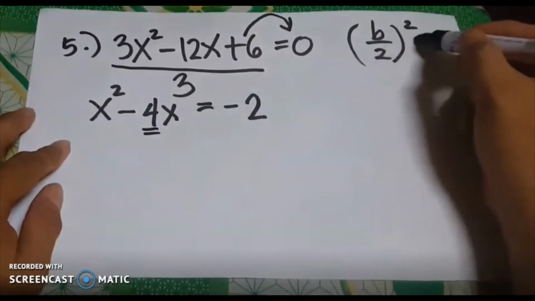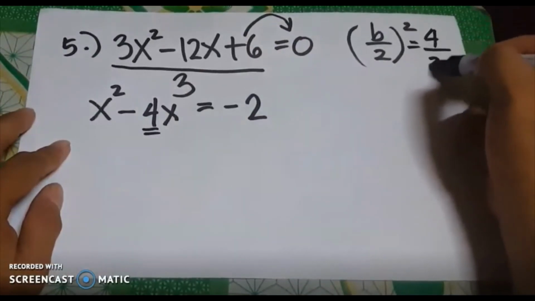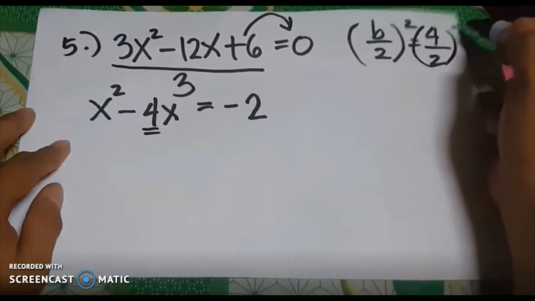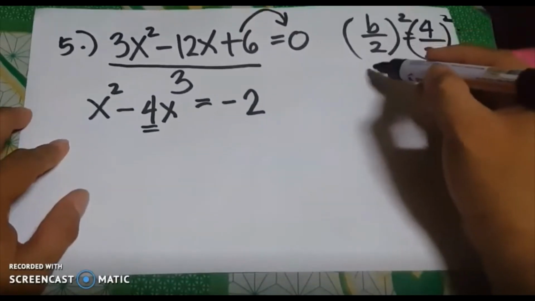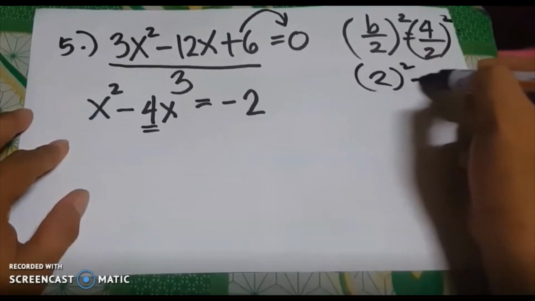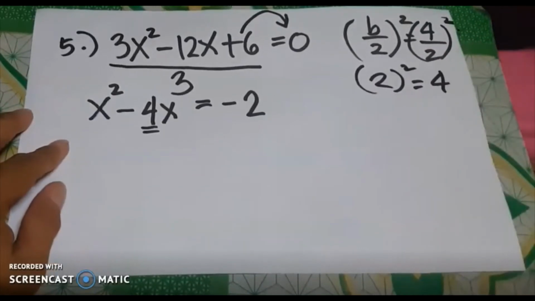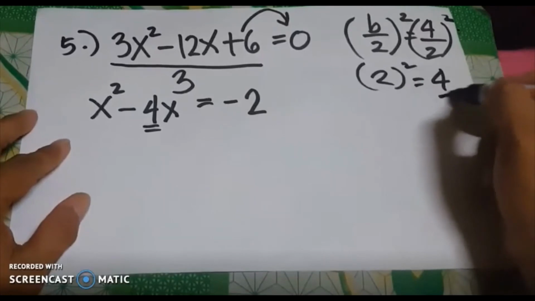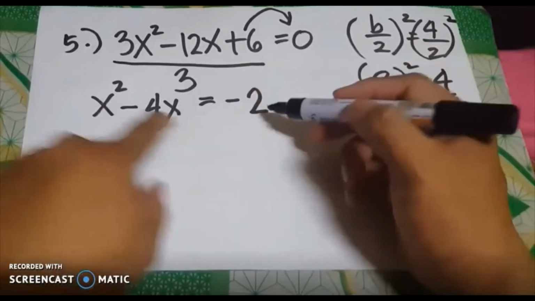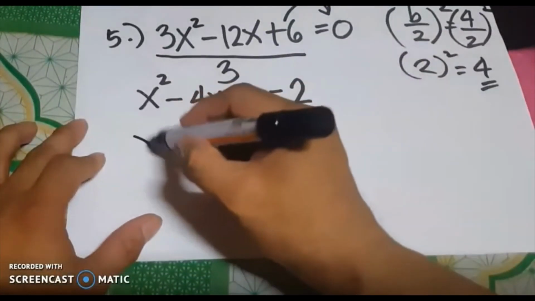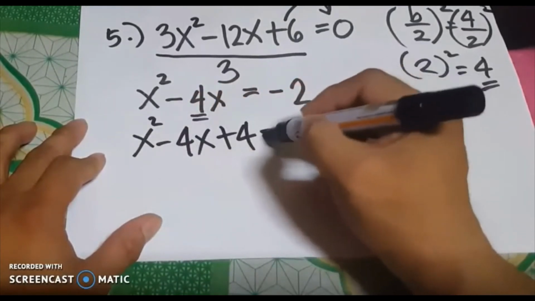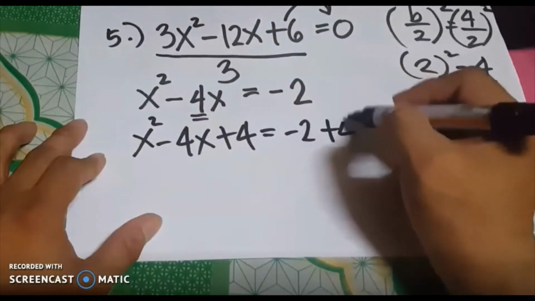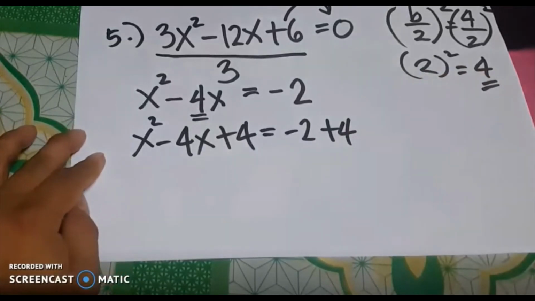So substitute it here, magiging 4 divided by 2 quantity squared. Then 4 divided by 2 is 2 quantity squared, which is equal to 4. So that 4 is to be added on both sides of the equation. So that will become x squared minus 4x plus 4 equal to negative 2 plus 4.